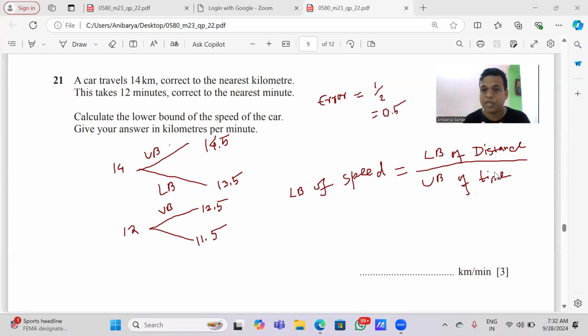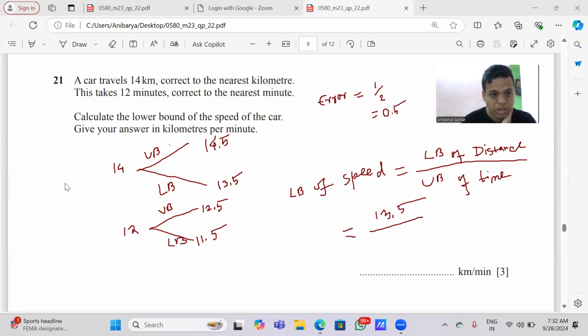So lower bound of speed equal to lower bound of distance by upper bound of time, remember this. So the value of lower bound of distance is 13.5, and put the value of upper bound of time.